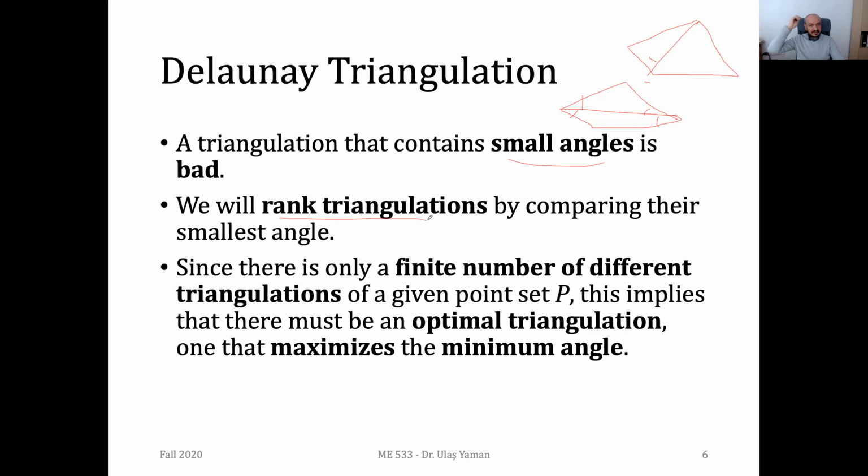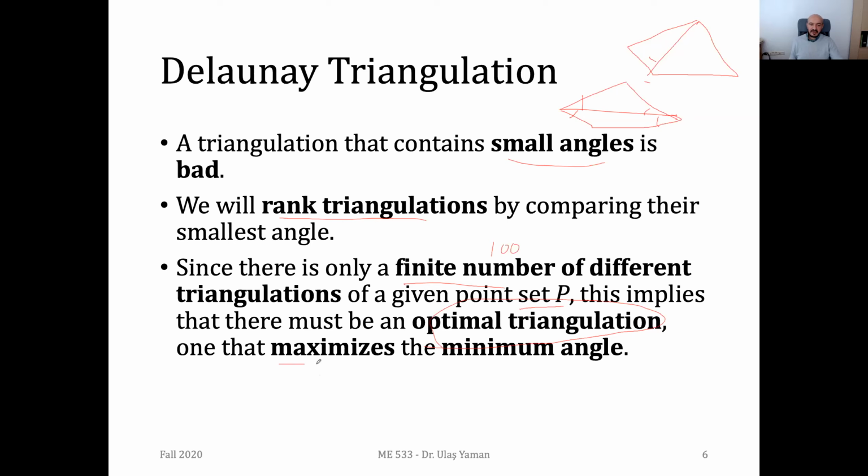Let's assume that you have n triangles, then that means you will have some finite number of triangulations. Maybe let's say you have hundreds of different triangulations for a given set of points P. So our aim will be to find the optimal triangulation, the one with the maximum minimum angle.